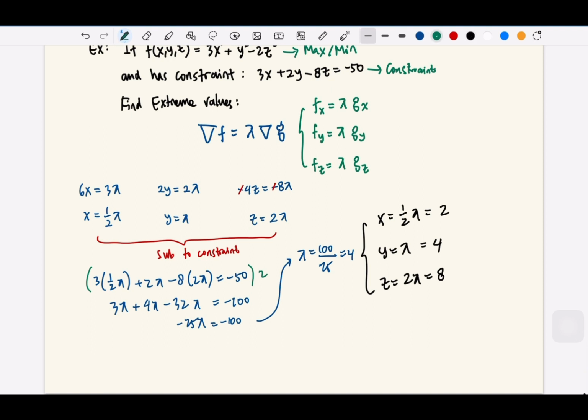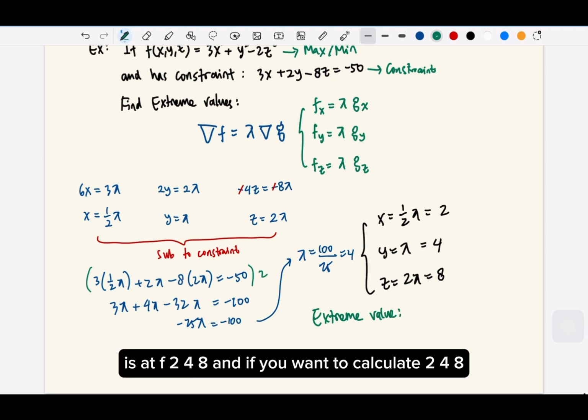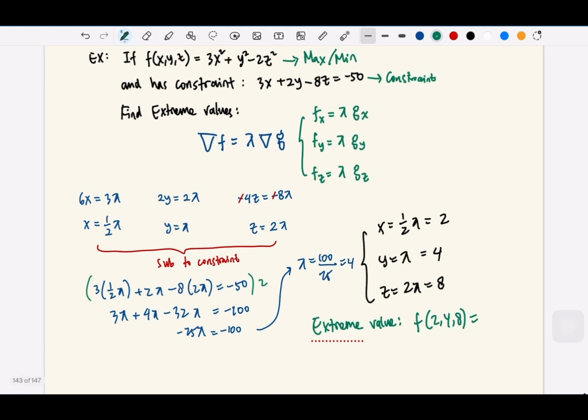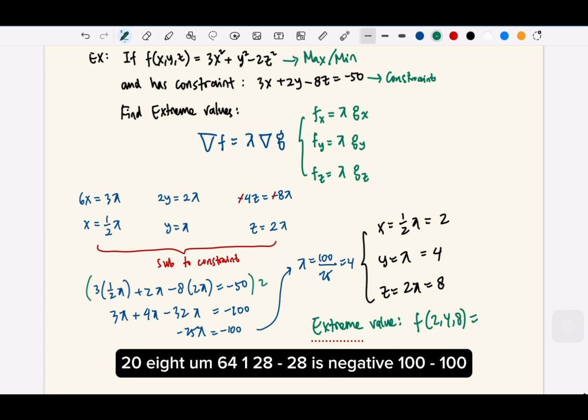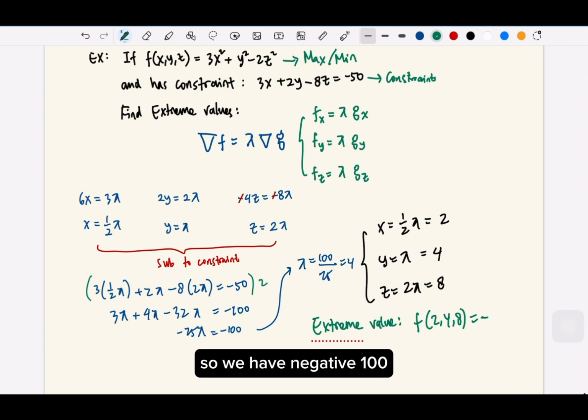So the extreme value is at f(2, 4, 8). And if you want to calculate f(2, 4, 8), we can check through x, y, z. So 2 squared times 3 is 12, 12 plus 16 is 28, and then 64, 128 minus 28 is negative 100. So we have negative 100.